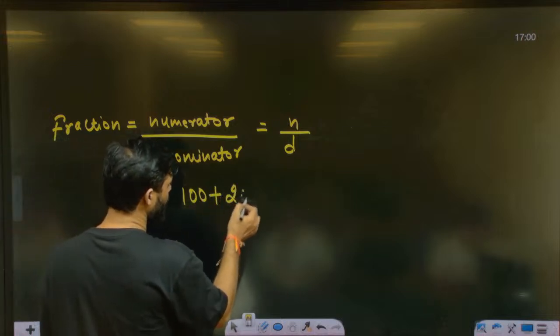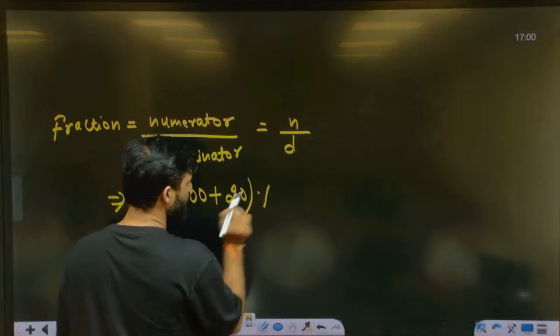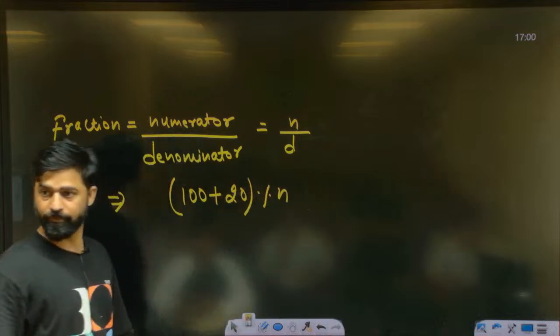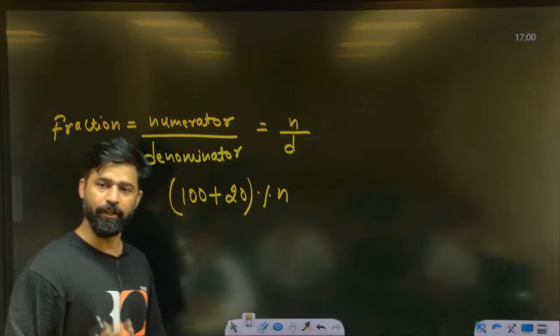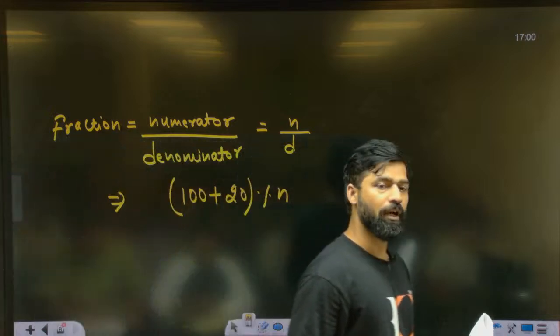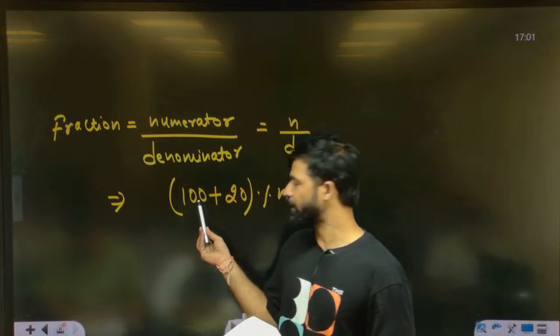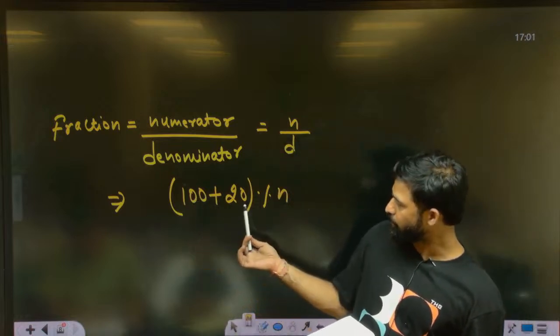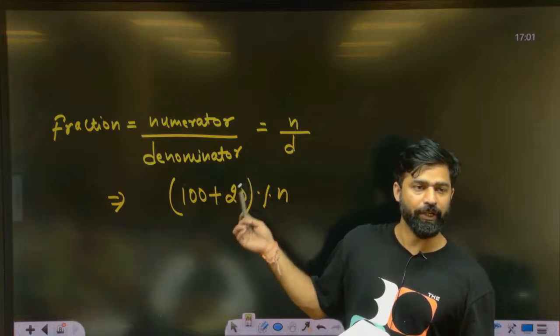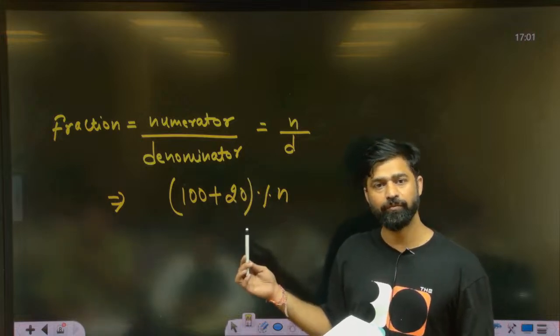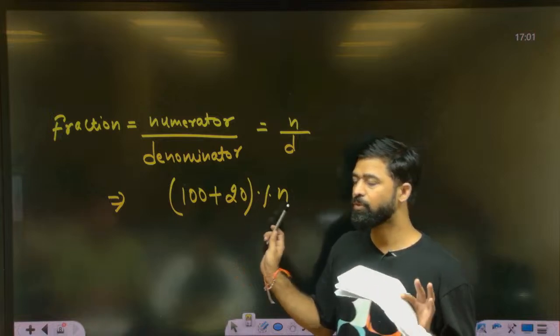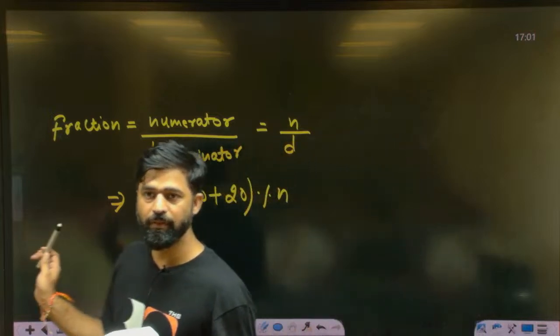So I can write 100 plus 20, and now the numerator is 120 percent. Is this okay? Any problem in this?